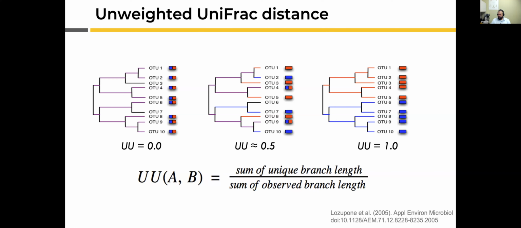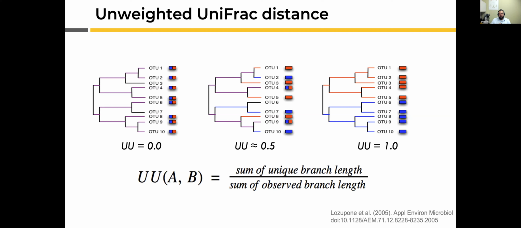And then a question: can UniFrac be applied to shotgun sequencing data where species don't share a common ancestor? Okay.